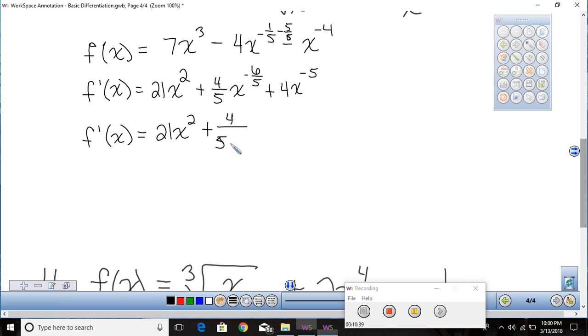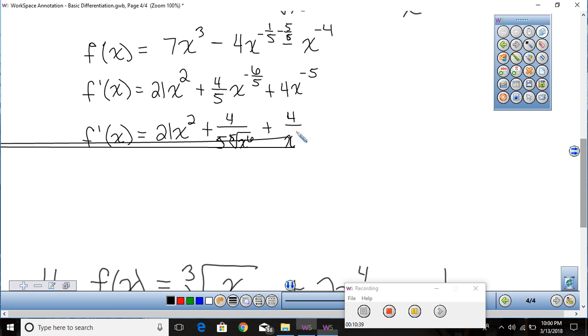And this is a 5th root of x to the 6th. All right, plus 4 over x to the 5th.